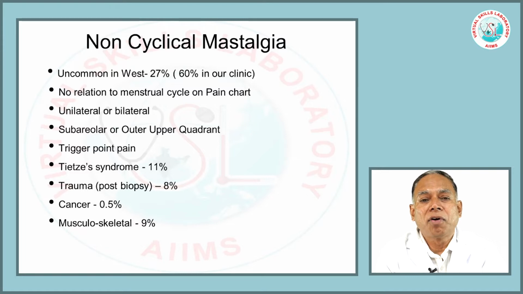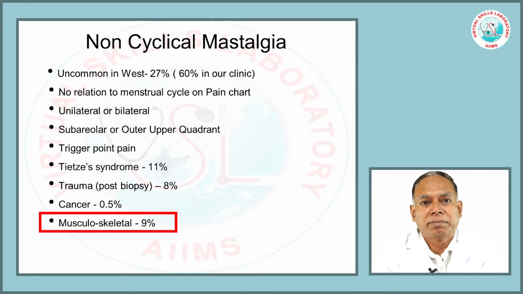Pain emanating from the chest wall, that is the musculoskeletal system, may be referred to the breast by the lady, and therefore a doctor seeing a patient presenting with mastalgia should be aware of this musculoskeletal origin of pain, and this can be distinguished very easily by examining the lady in sitting position and trying to elicit the true breast tenderness.